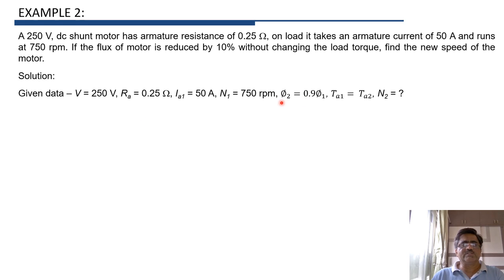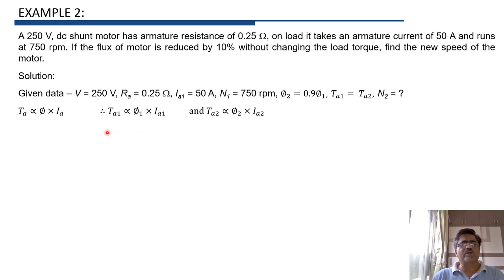But while changing this flux, torque is maintained constant. So we know the expression for torque. TA is proportional to phi into Ia. So in the first case, TA1 is proportional to phi 1 into Ia1, and TA2 is proportional to phi 2 into Ia2.